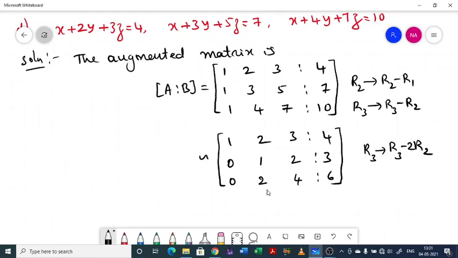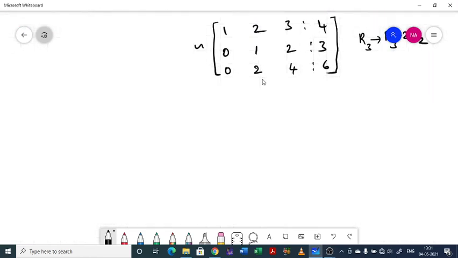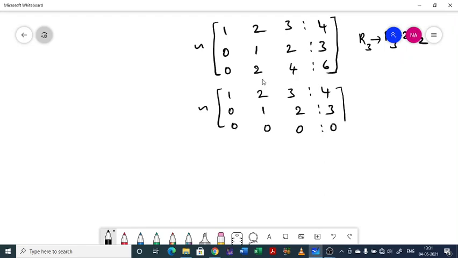Here the rank of A colon B and rank of A will be 2. So 1, 2, 3 colon 4, 0, 1, 2 colon 3, 0, 0, 0 colon 0. So here rank of A equals 2 equals rank of A colon B.